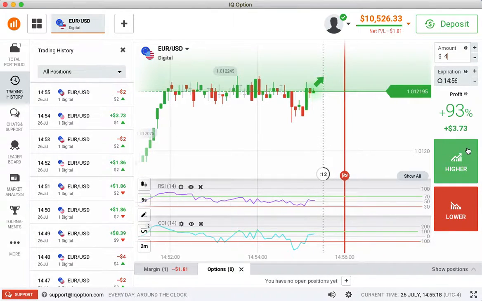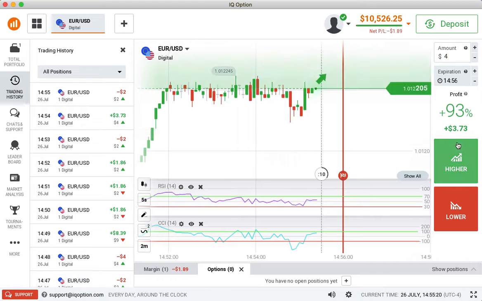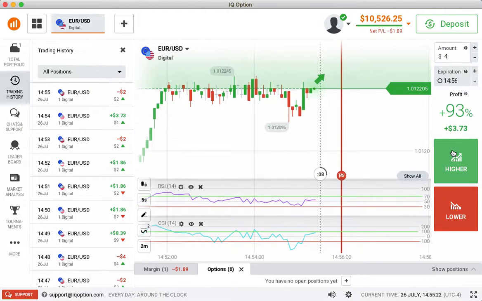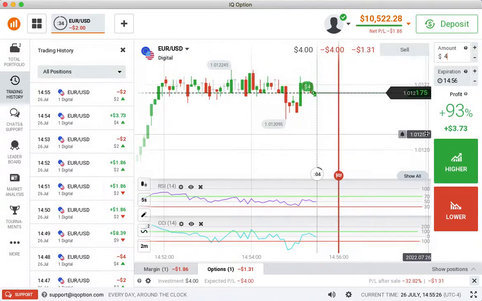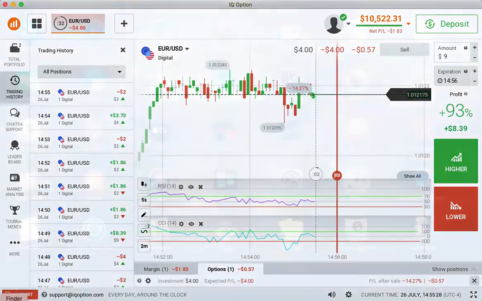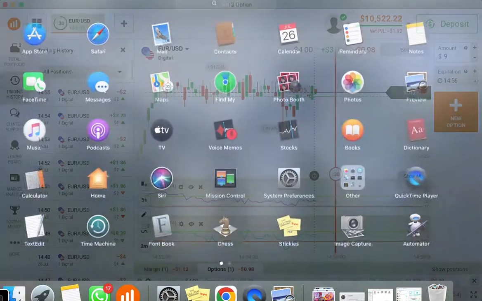So we wait until the last 5 seconds and then we buy or sell for $4. We buy here for 4 because even though it dipped, both indicators were up, right? And we wait.